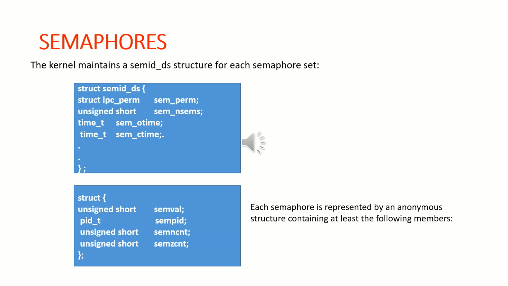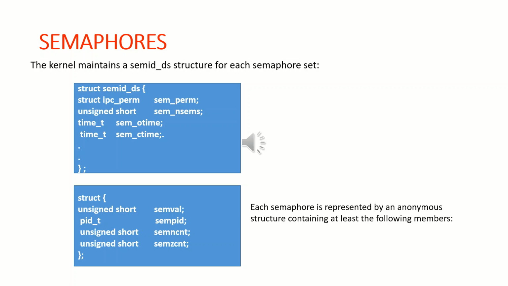The struct semid_ds, the semaphore ID data structure, contains a struct ipc_perm with the corresponding sem_perm variable, an unsigned short sem_nsems, which is the number of semaphores in the set, then a time_t sem_otime, the last semop time, and a time_t sem_ctime, the last change time.